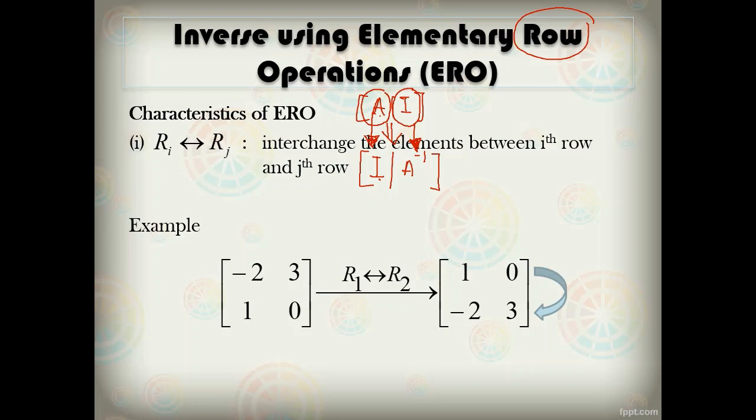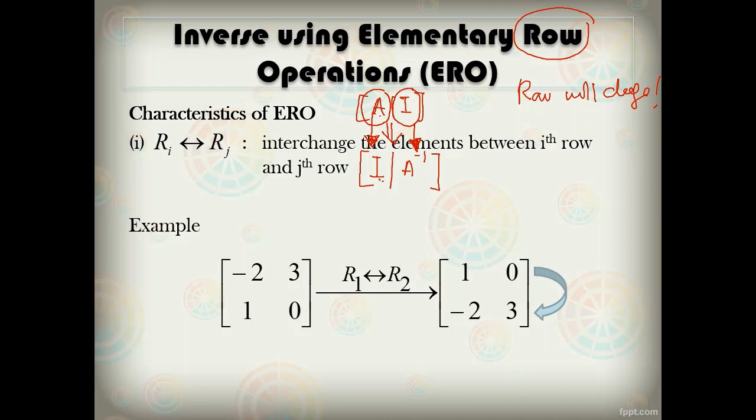Only the row will change in this operation. We will not involve the column, we just change the row. So only the row will change throughout the process of reducing A to I.